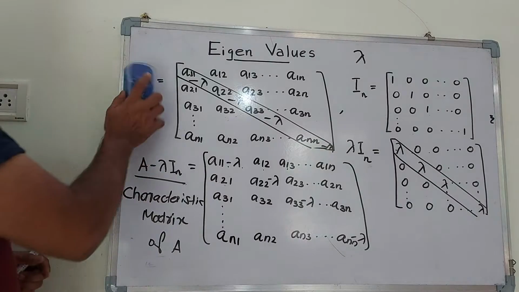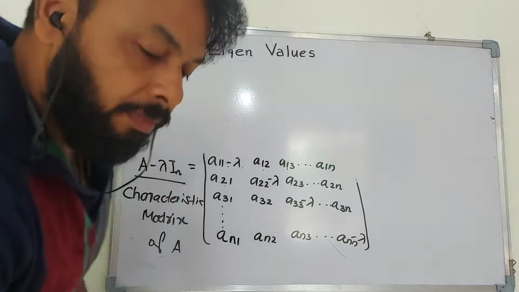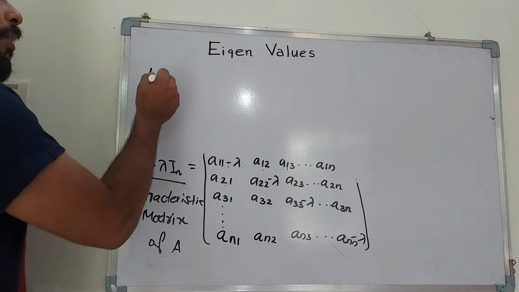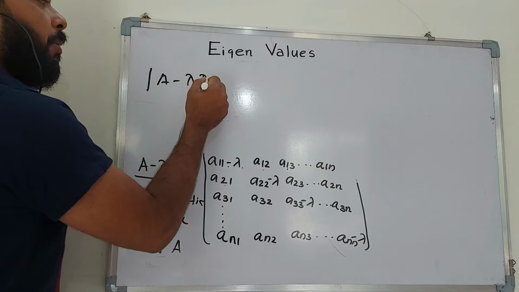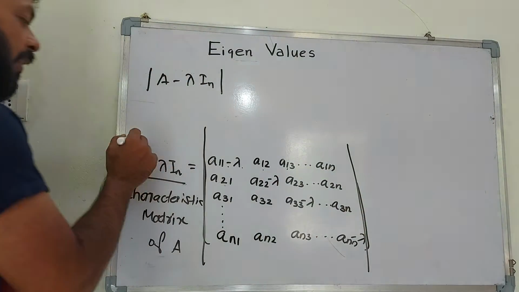Now for this matrix, if we take the determinant, consider the determinant of A minus lambda into I. That is, we are taking the determinant of the given matrix.